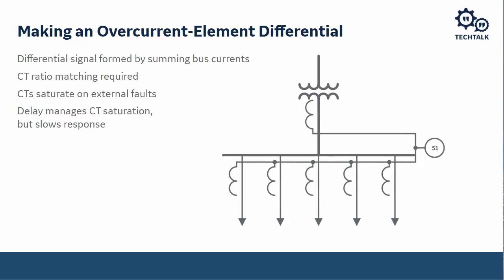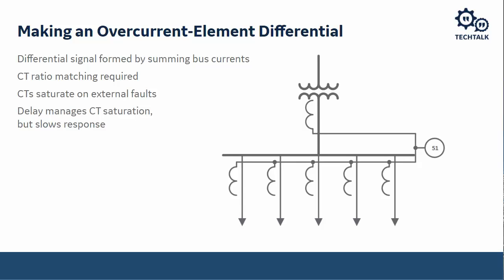Next option we might think about is, well, let's do an overcurrent differential using an overcurrent relay. Well, we can do that. We can take all the CTs, parallel them up, and take them into a relay, and again the sum of the currents should equal 0 for no fault, and if there's an internal fault, we should get something other than 0. Issues with something like this: all the CTs have to have the same ratio, because we're just summing up the currents.